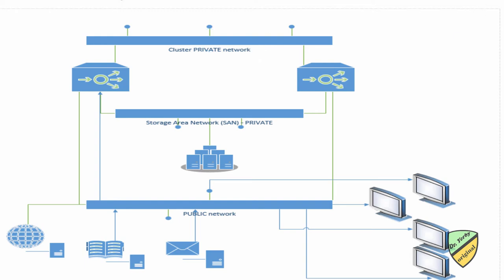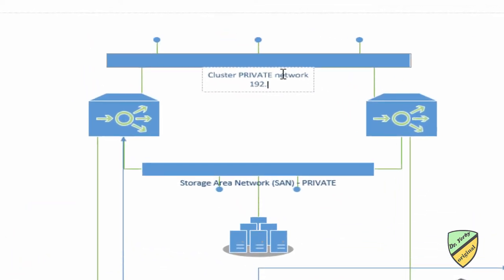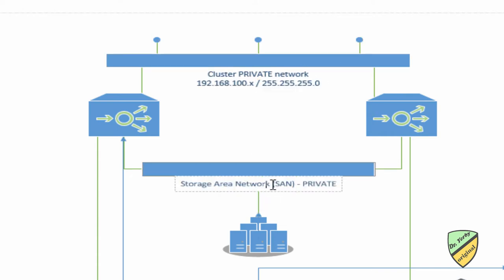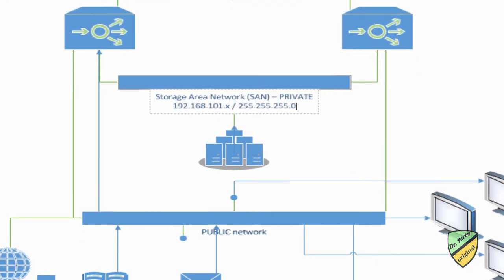I'm just trying to get this done quickly for some demonstration purposes. Okay, so this top network, we'll call this 192.168.100.x, and we'll just use a default subnet mask. Next one, we'll do 192.168.101.x, same subnet mask. We're not subnetting here.